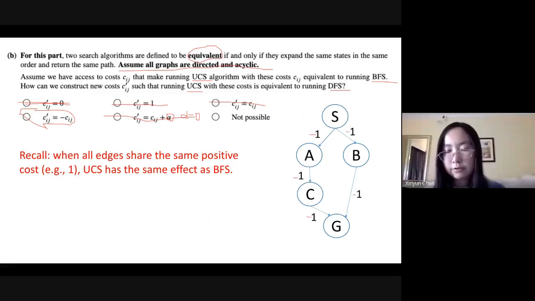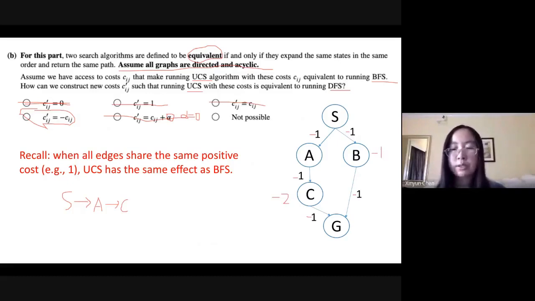Again, from the start node S, we will go to A or B first, because these are the only nodes directly connected to S. But then, instead of exploring B next according to BFS, we will explore C first, because if we look at the cumulative costs, -2 is smaller than -1.